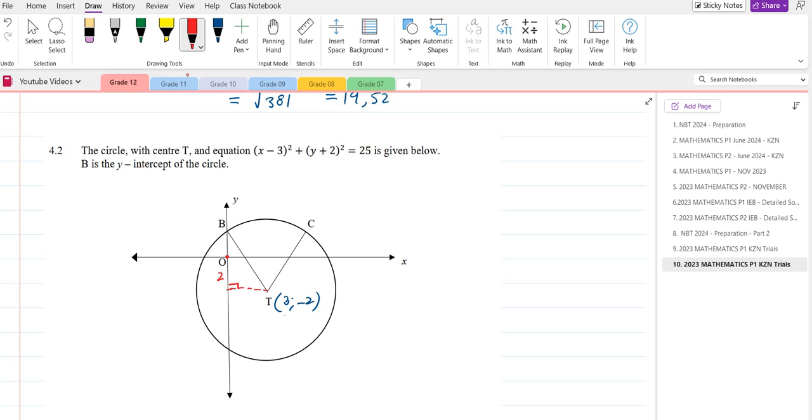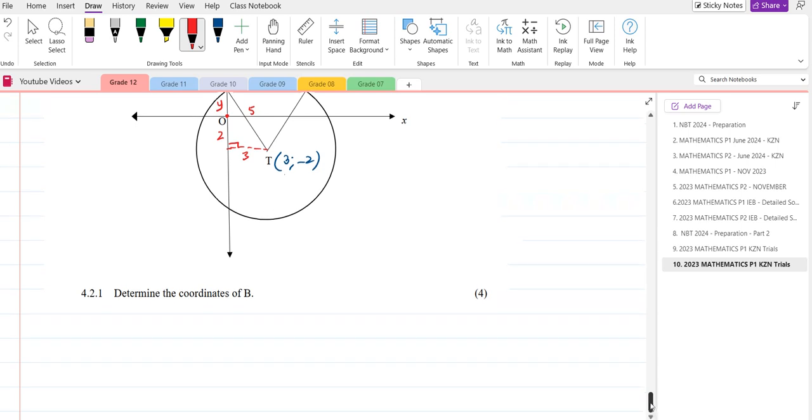Well, the radius is important. We know this is 5. The radius is 5, and O to K, you can call that K, that's 2. So the distance from O to B is Y. So you can say 2 plus Y. And the horizontal distance, we need the horizontal distance as well. The horizontal distance is 3. So problem solved. You can use Pythagoras.